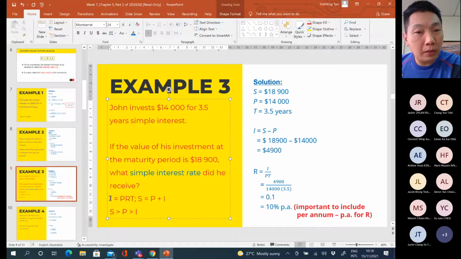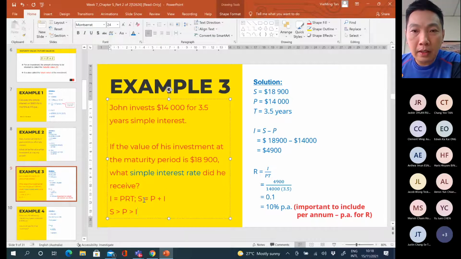We cannot directly use this formula to get the R value, because I is unknown. Then we may consider how to use the second formula to get the I. We can transpose the second formula so that we can get the I value first. After that, we use the first formula to get the R value. So let's try the steps involved.